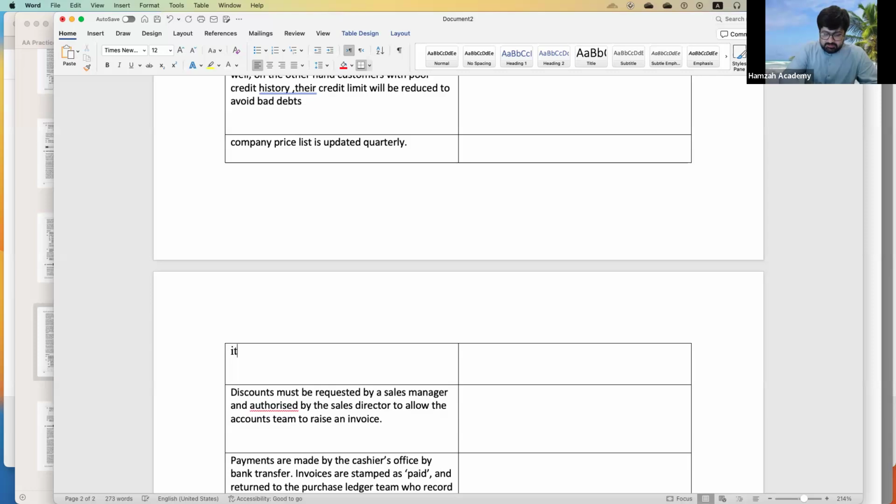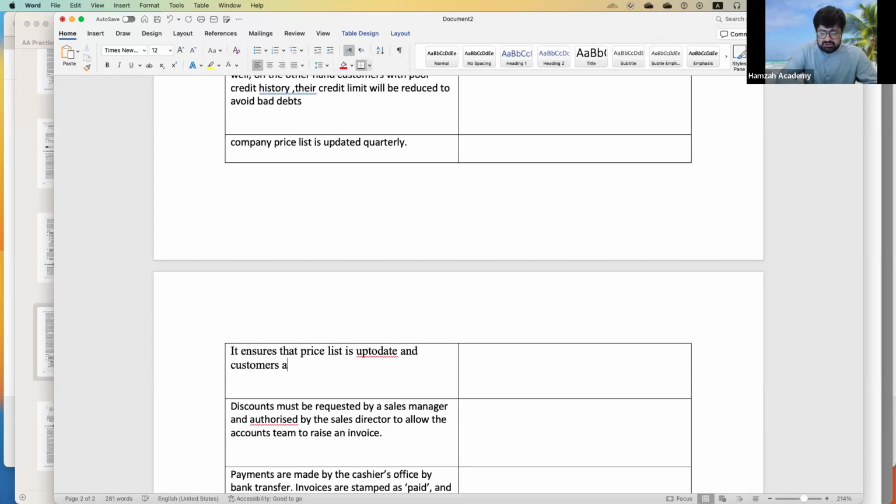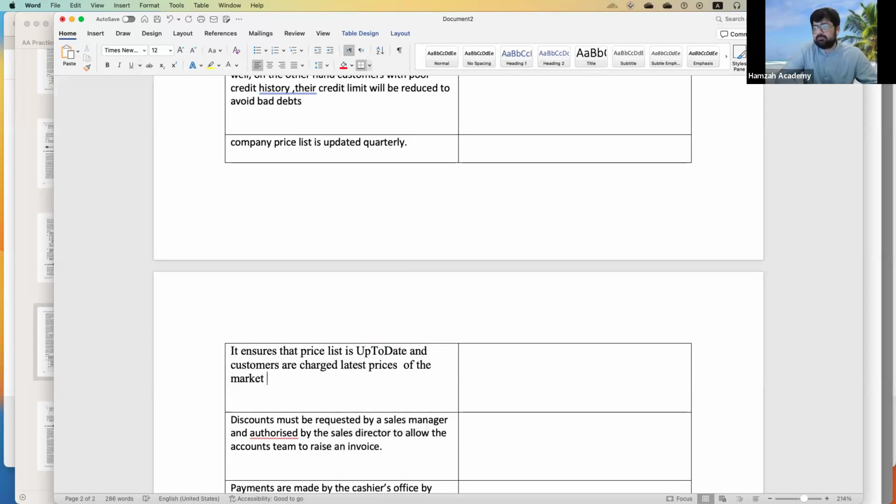So it ensures that price list is up to date and customers are charged latest prices of the market. Yes, it ensures that. The benefit.